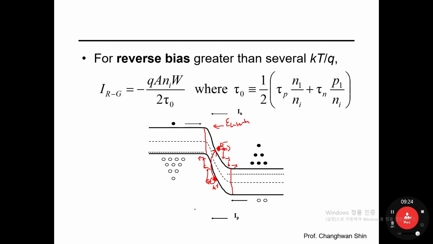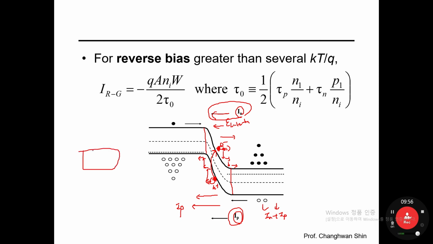Then think about the hole current and electron current. Hole is now moving toward the P side, so I sub P, hole current, can be formed from N to P. And now electron is moved from P to N, so that electron current can be formed from N to P. So by summing up I sub N and I sub P, both are in the negative direction.